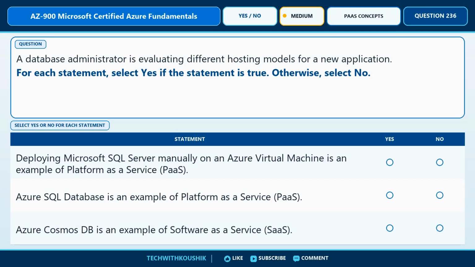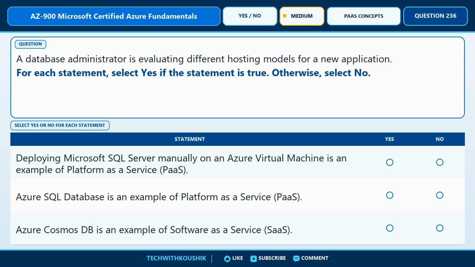Let's continue with question number 236. Let's start with the scenario. A database administrator is evaluating different hosting models for a new application. For each statement, select yes if the statement is true.